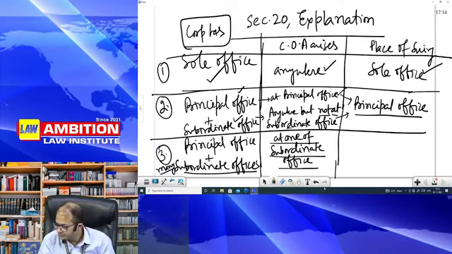These all are places where the cause of action arises. So the places where cause of action arises will have jurisdiction.